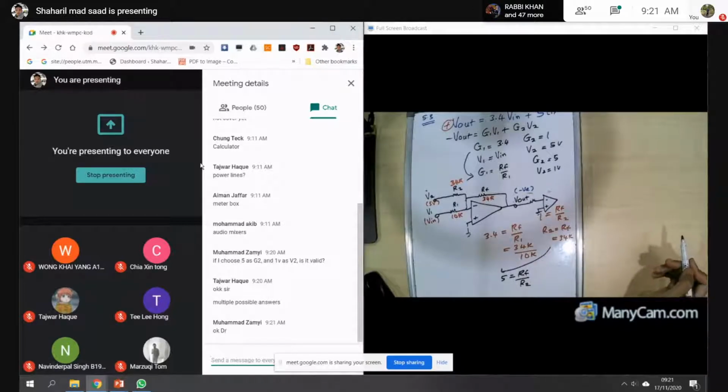Multiple possible answers, yes. During your test, you can choose any value that you want. Maybe some of you choose 3.4 ohm divided by 1 ohm. In theory, it's correct.